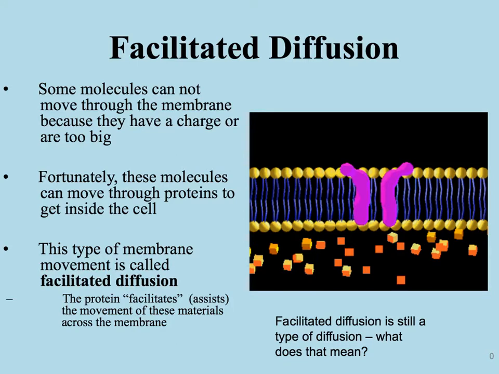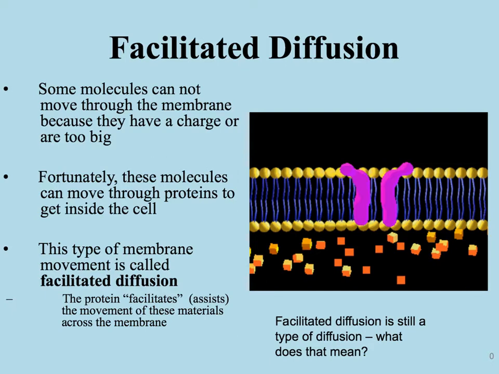Facilitated diffusion is another type of passive transport. Again, passive meaning no input of energy. If you look at the term facilitate, it means to assist. When we talked about the structure of the cell membrane, we said that a particle that was too big to go through the phospholipid portion of the cell membrane would need to go through a protein.